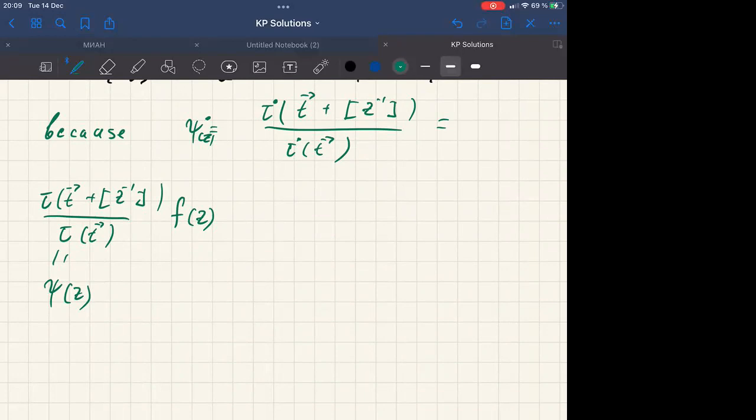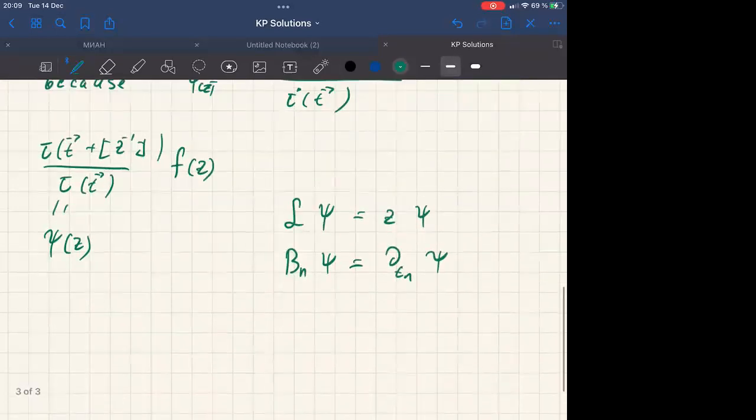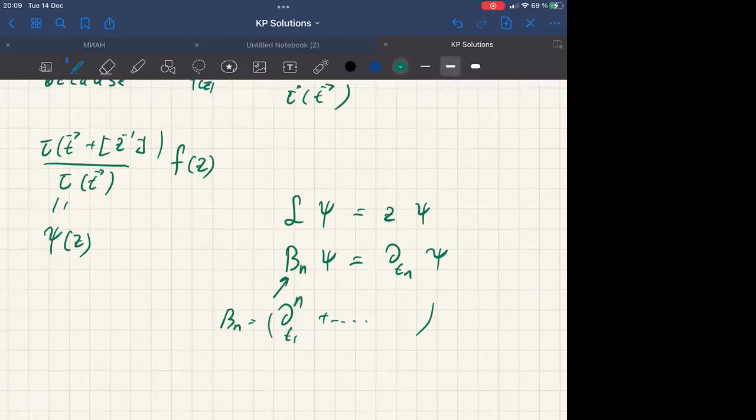What does it mean? A Baker-Akhiezer function is a function which solves the system of equations: L psi equals z psi, where psi equals d_tn psi, where Bn equals to dn plus something which is a differential operator, or no, no, oh, sorry, this is b t1 to the power n, etc., which is just an ordinary differential operator with respect to variable t1.